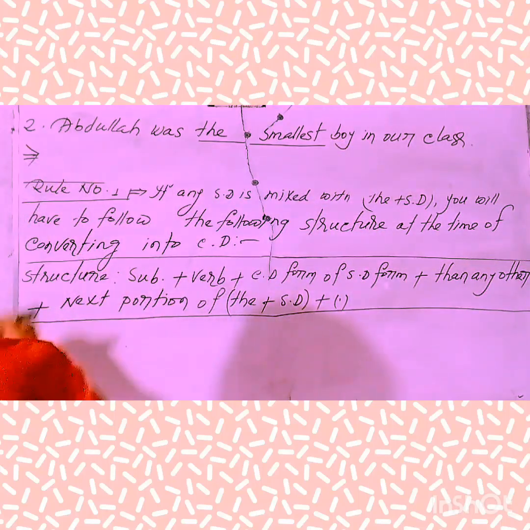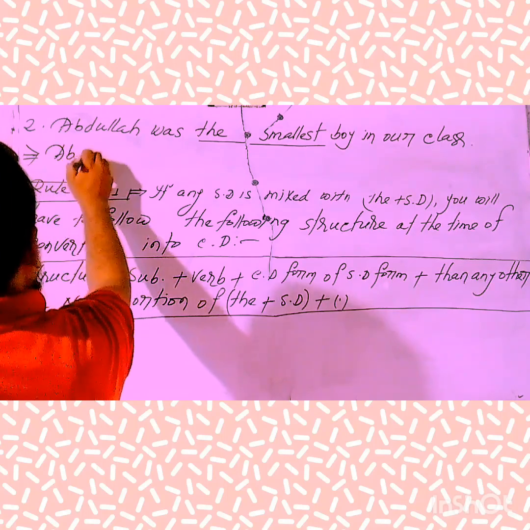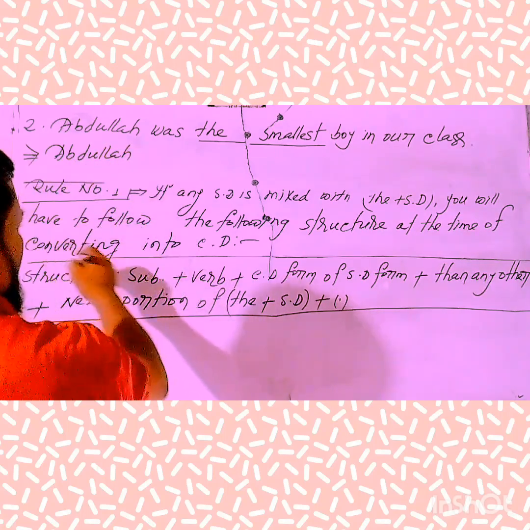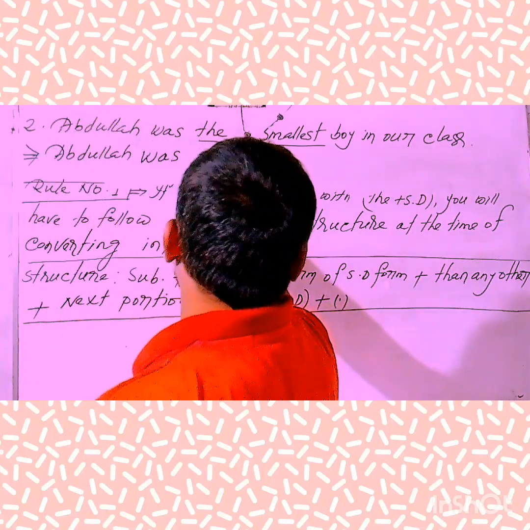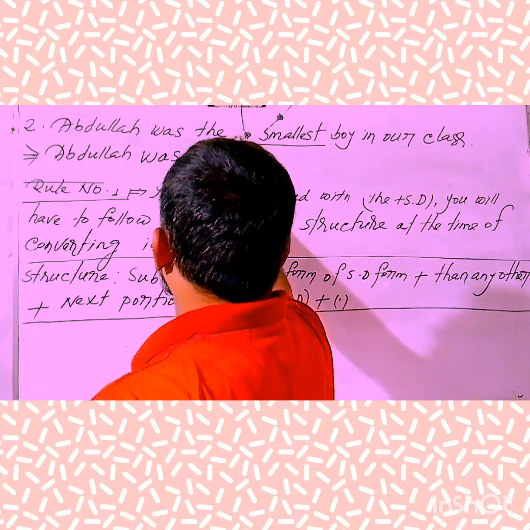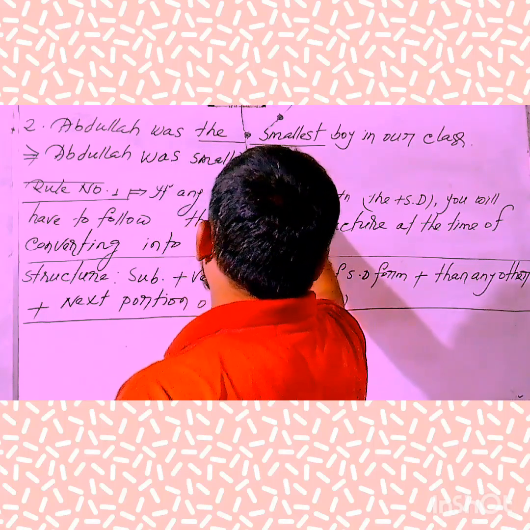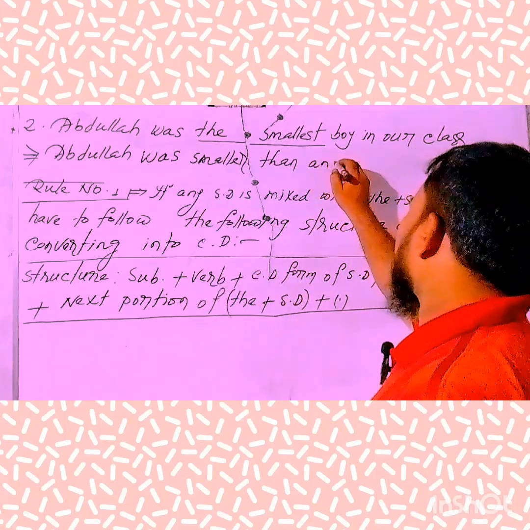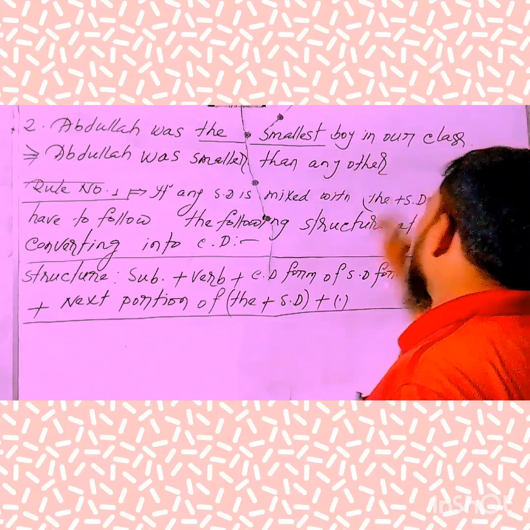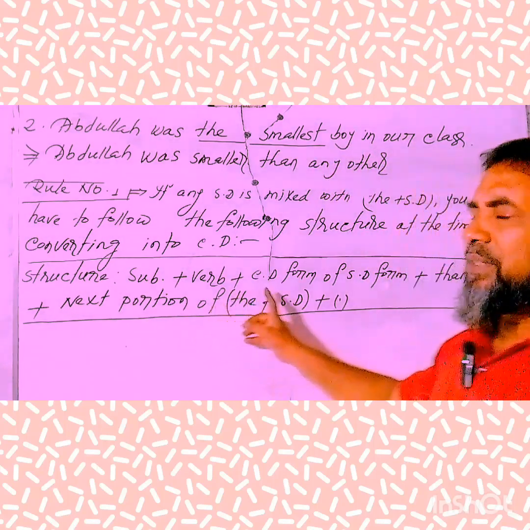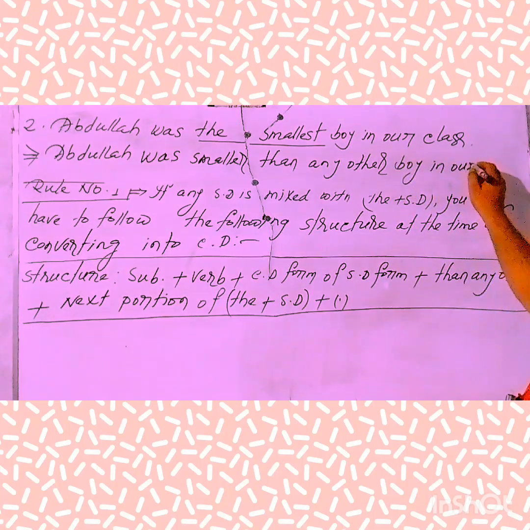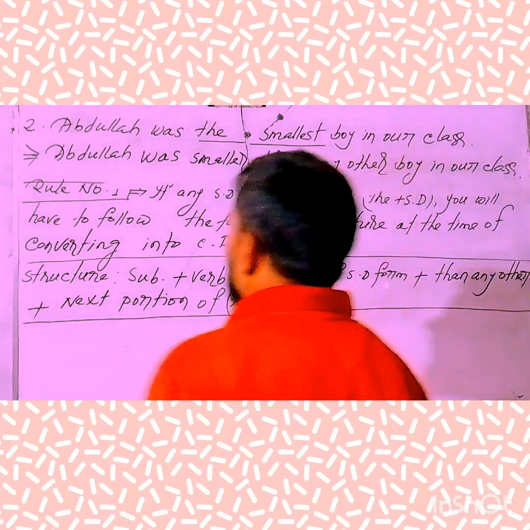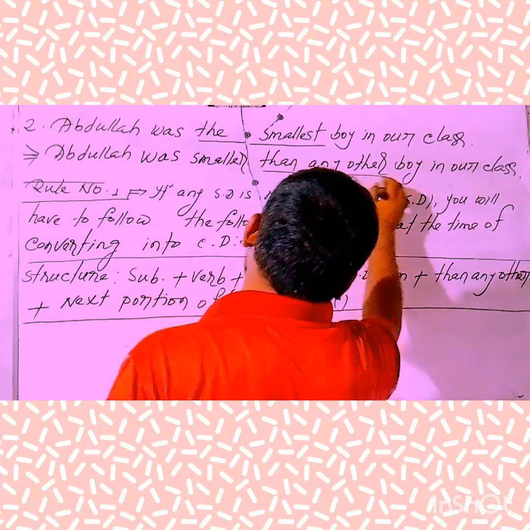So we can write at first subject, Abdullah. Next verb, was. Next CD form of HD form, smaller than any other. Next version of the plus HD, boy in our class. Hope that you have understood clearly. Underline, my dear learners, than any other.